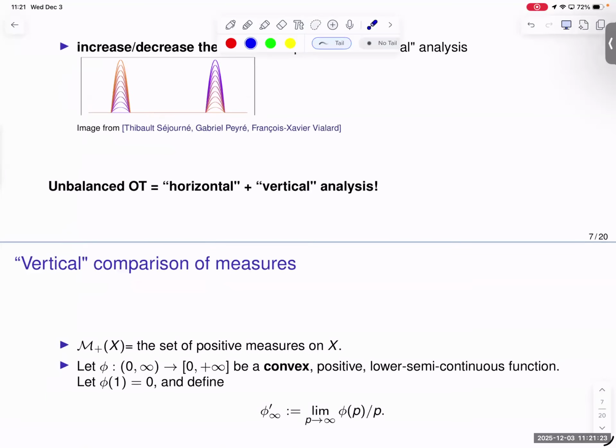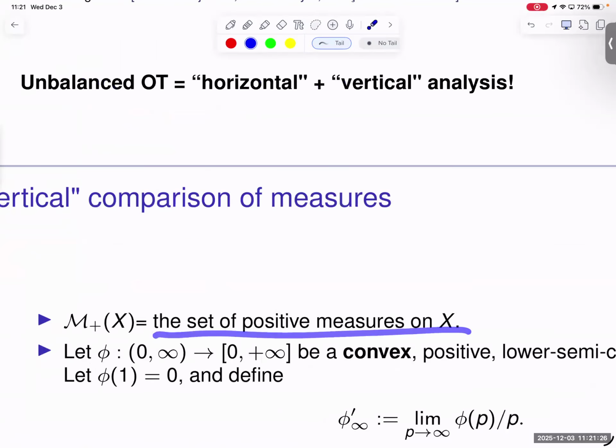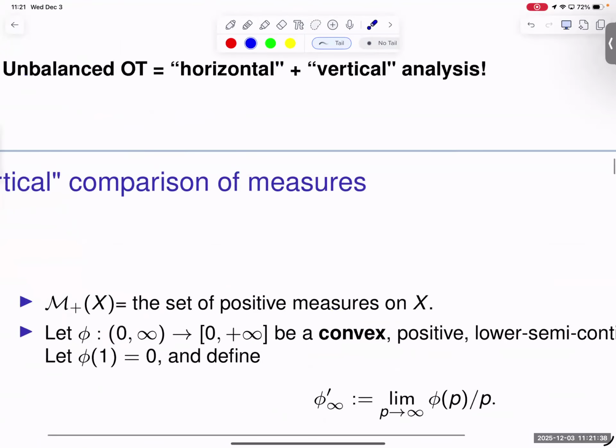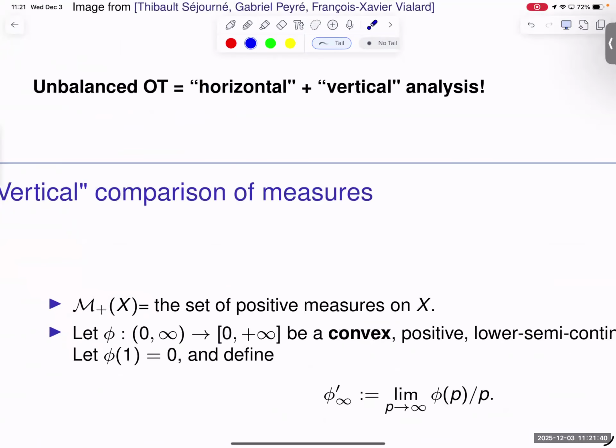So let's say we now have the set of positive measures. Unbalanced transport gives a matching between measures in this space.